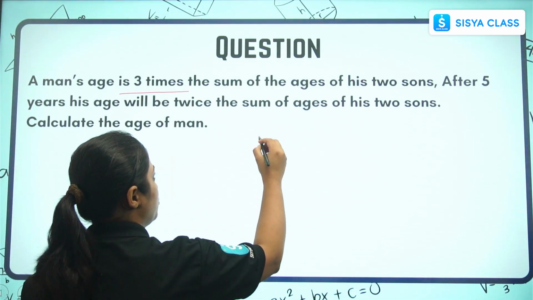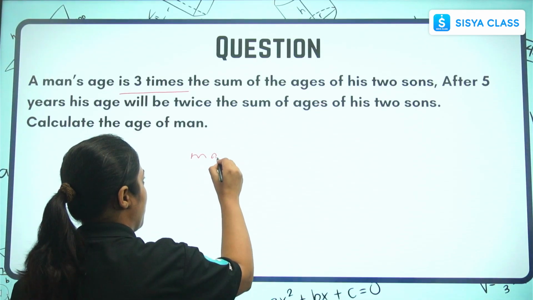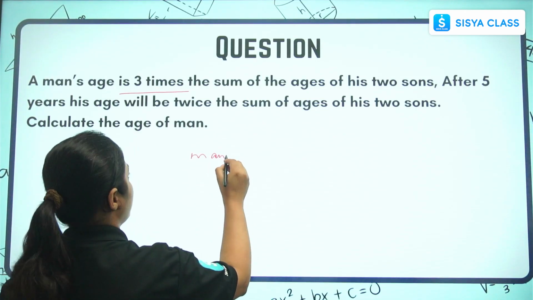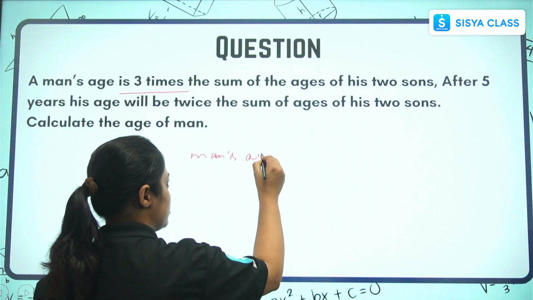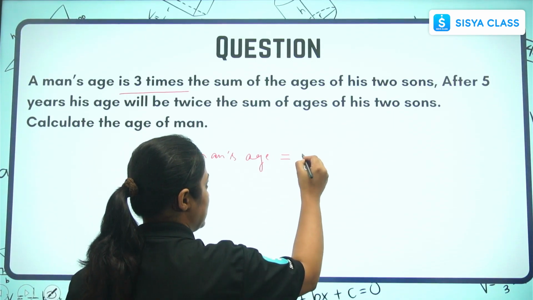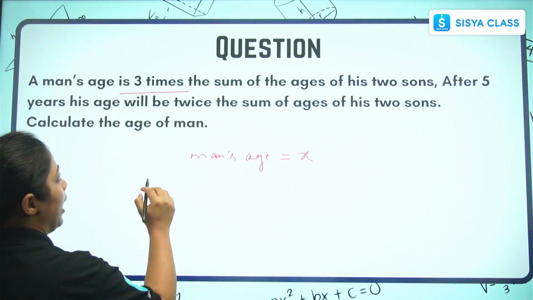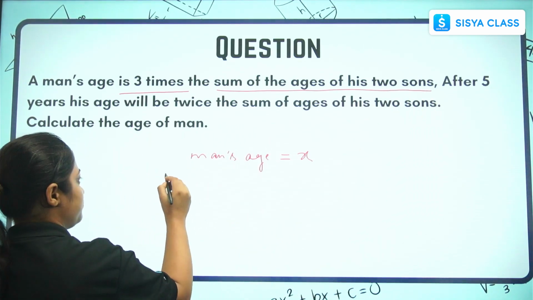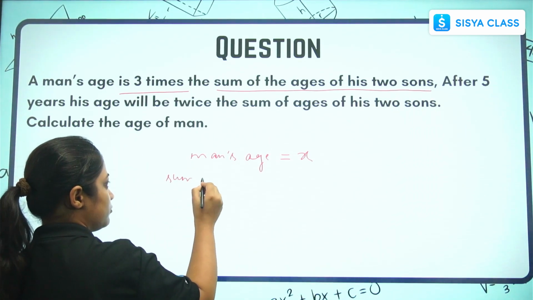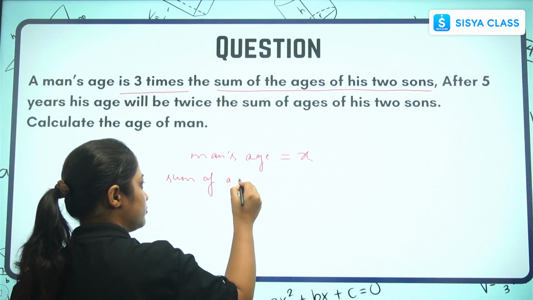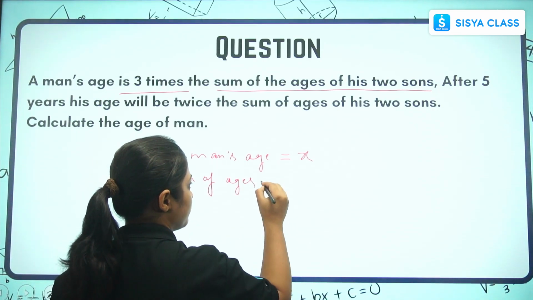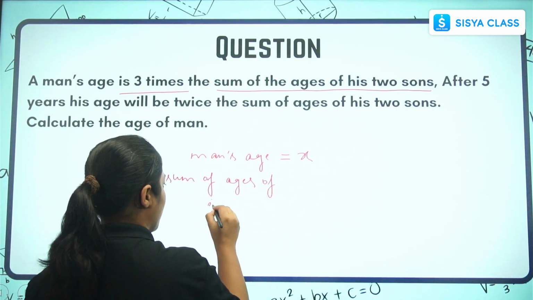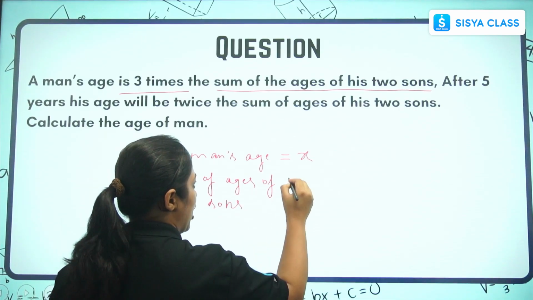So let's assume the man's age is x and the sum of the ages of his 2 sons, let's assume this is y, okay?